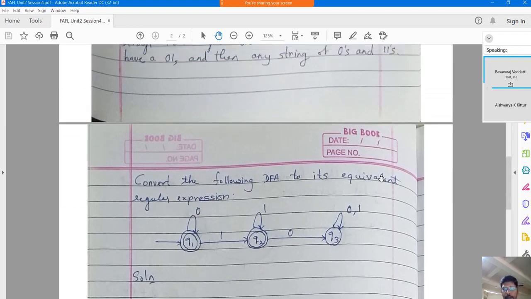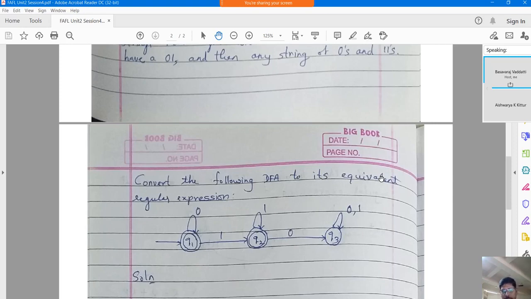Convert the following DFA to its equivalent regular expression. Look at the DFA here. One important observation you should make here: there are three states, and out of the three, two are final states, that is Q1 and Q2.